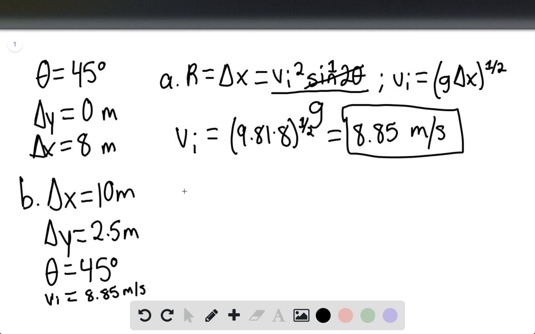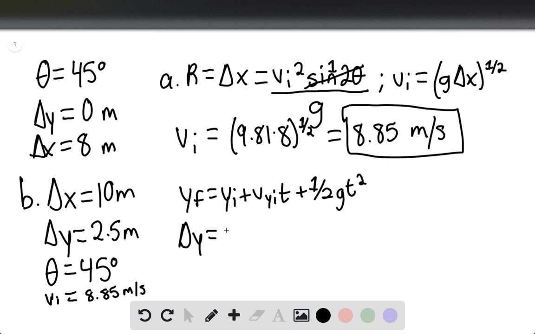So we can say that y final equals y initial plus v y initial times time plus 1/2 times g t squared. So we know that delta y is going to be equal to vy initial t plus half g t squared.